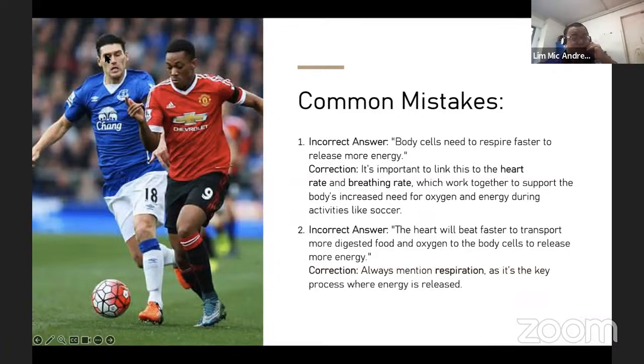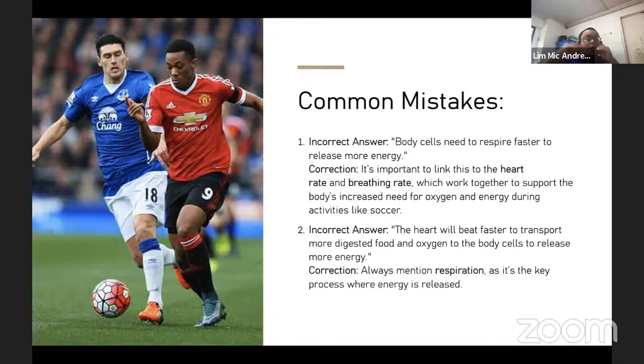These two work together to support the body's increased need of oxygen and energy during activity like soccer. The body cells, yes, will need more, but explaining in your exam that the reason you are breathing so fast is because the body cells need more is kind of not answering the question properly.